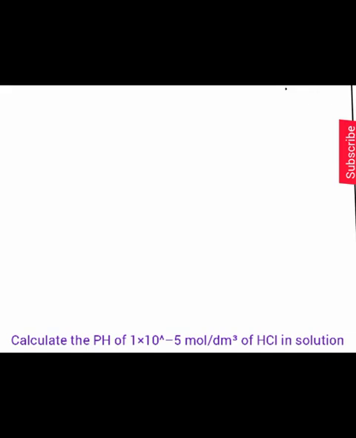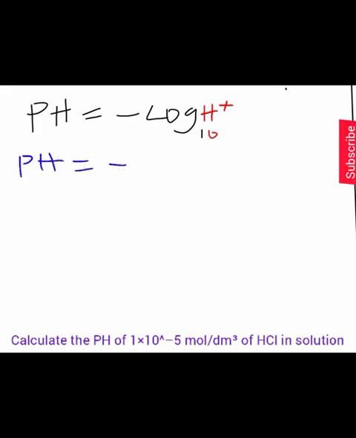We have our formula: pH equals negative log to the base 10 of the hydrogen ion concentration. Applying our formula, our pH equals negative log of 1 times 10 to the power of minus 5, which is the concentration of hydrogen ion, to base 10.